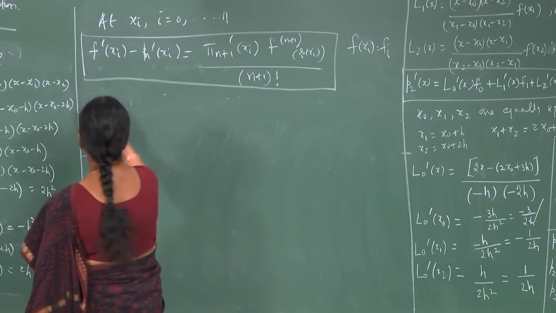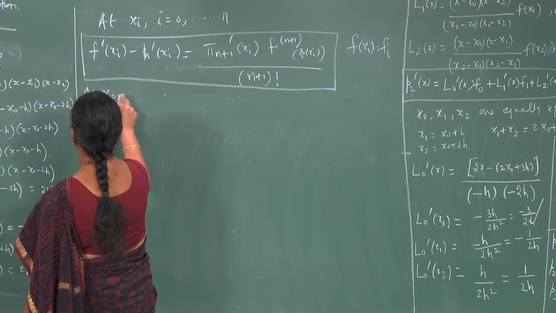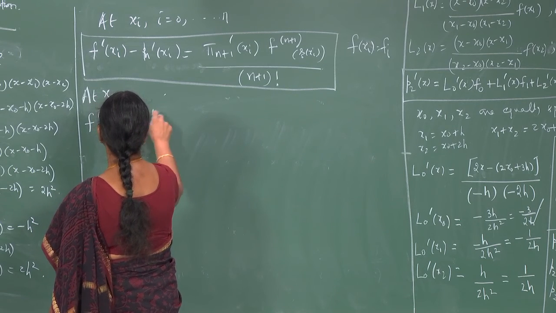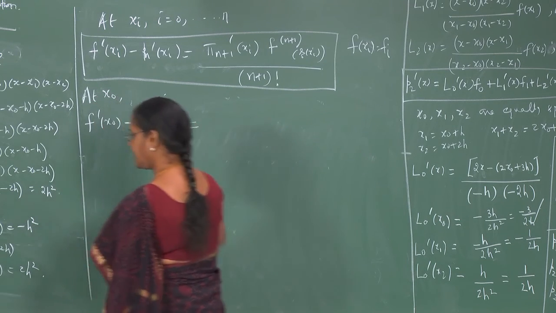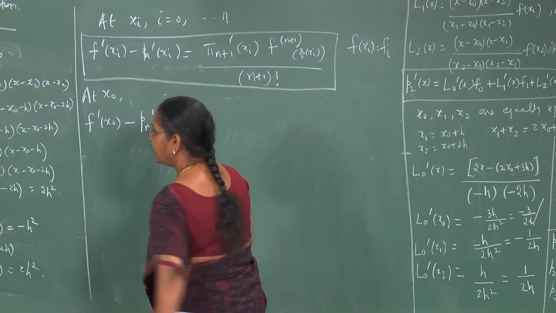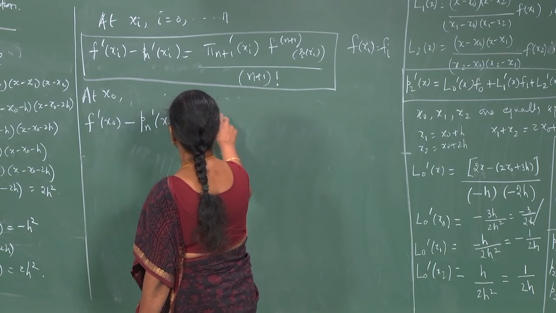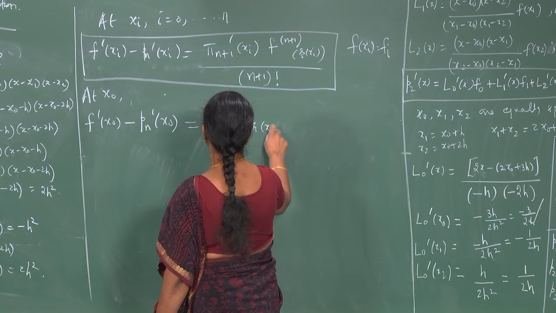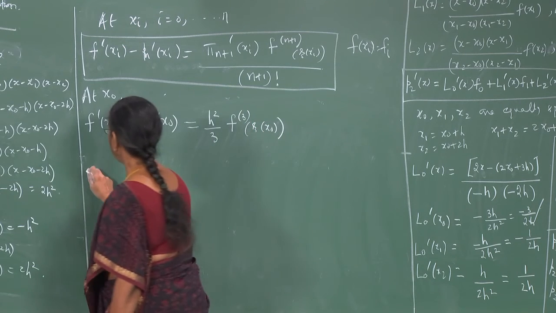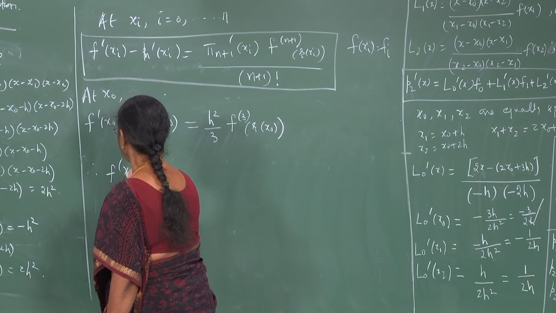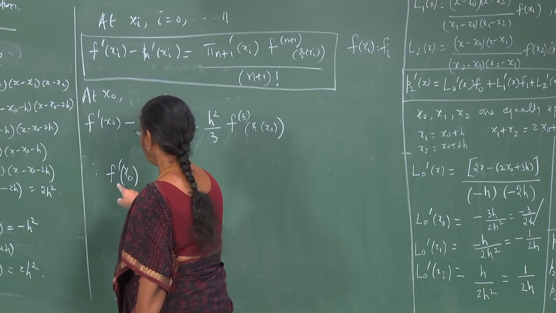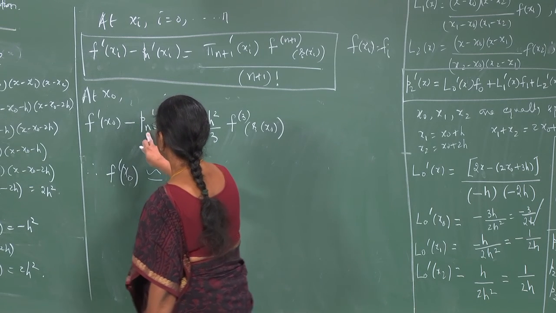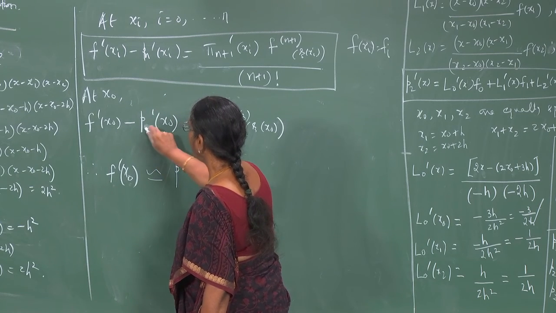So, at x naught, what do we get? f dashed at x naught minus P n dashed of x naught is the right hand side, which is h square by 3 into the third derivative of f. So, this tells you f dash of x naught, the derivative of f at the node x naught can be approximated by, here I have approximated by a quadratic polynomial.